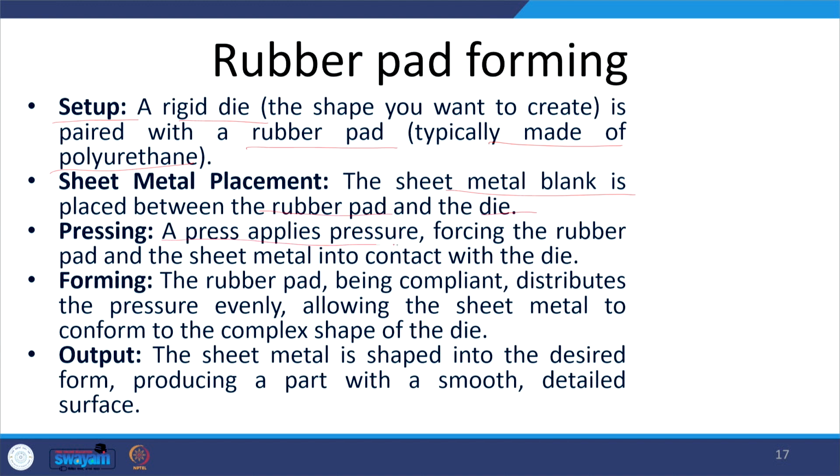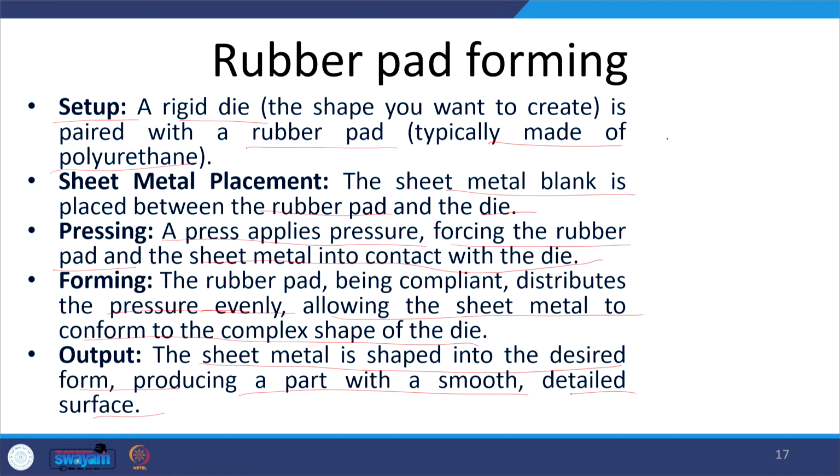So, pressure is applied from the die, forcing the rubber pad and the sheet metal to come in contact with the die and then cause plastic deformation. The rubber pad being compliant distributes the pressure evenly, permitting the sheet metal to conform to the shape of the die, and at the end sheet metal is shaped into the desired form, producing the part with smooth and desired surface features.